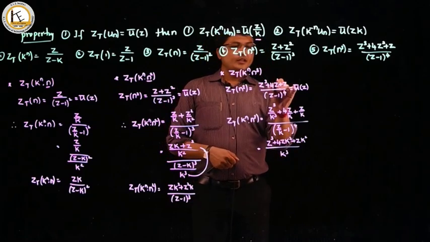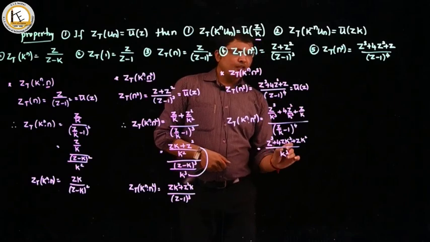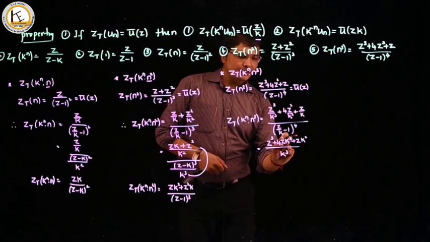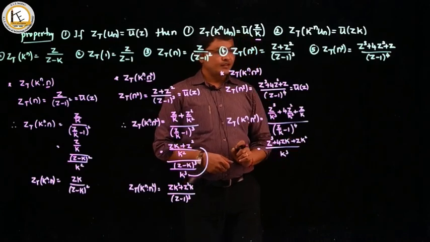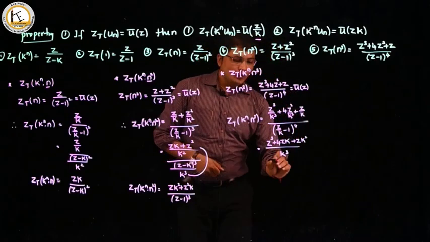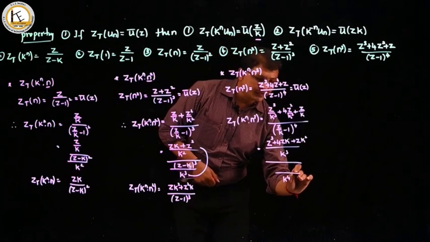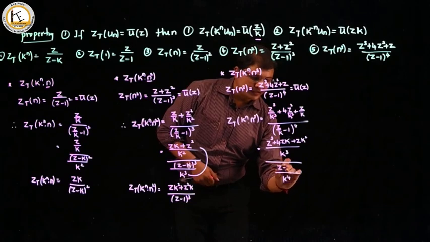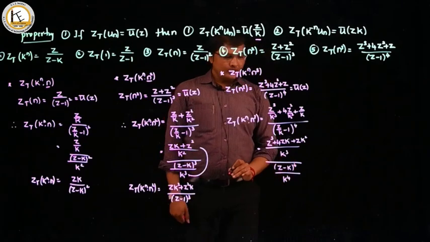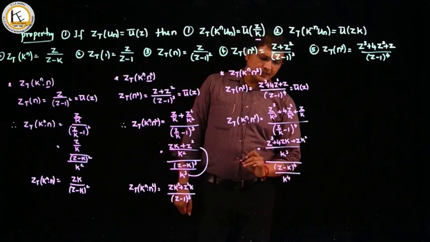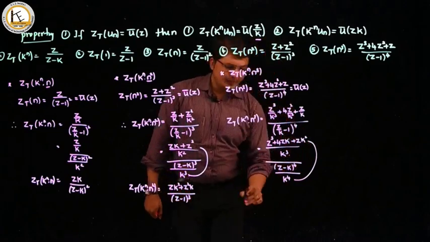Obviously it is z square here, so this becomes z square and this is k square, and obviously here only zk will remain, and here it is zk squared whole divided by k raised to 4, as it is, and it is z minus k the whole raised to 4. So obviously this k cube and this k cube cancel, one k will remain here, that one k will come to the numerator.